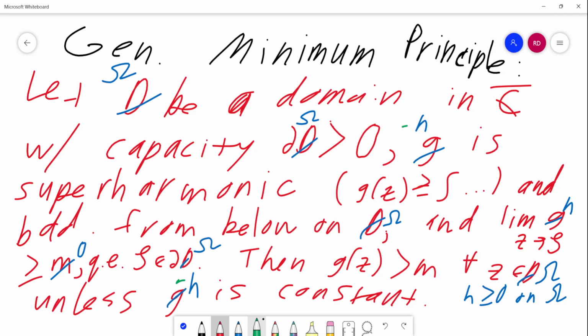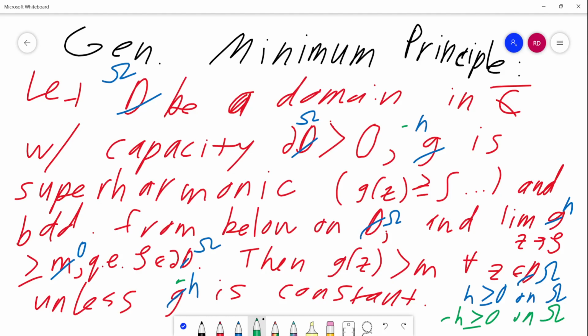And it would also be greater than or equal to 0 at quasi every point of the boundary, because it's equal to 0 at every boundary point. So negative H is also greater than or equal to 0 on omega. And there's really only one way that could happen: that something is both greater than or equal to 0 and its negative is also greater than or equal to 0, and that's if it is 0. So therefore we get H is equal to 0.